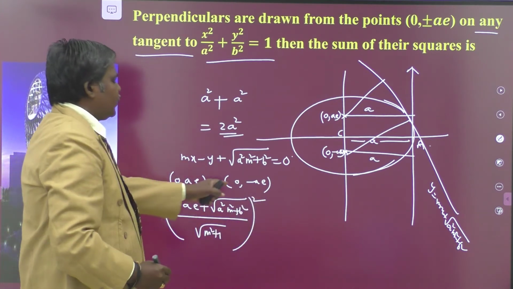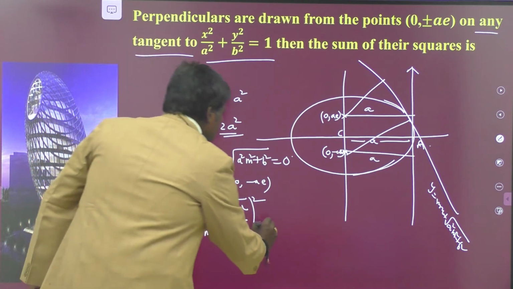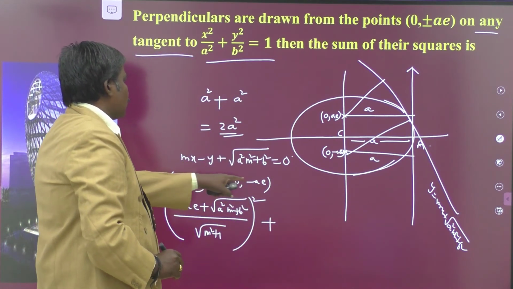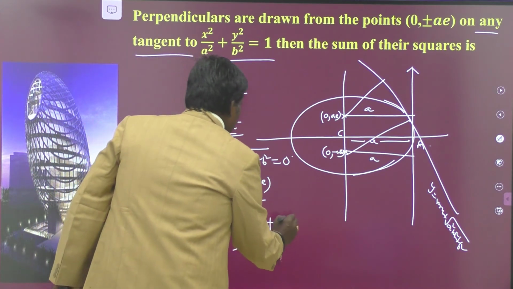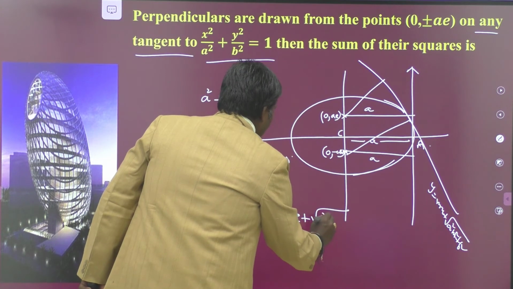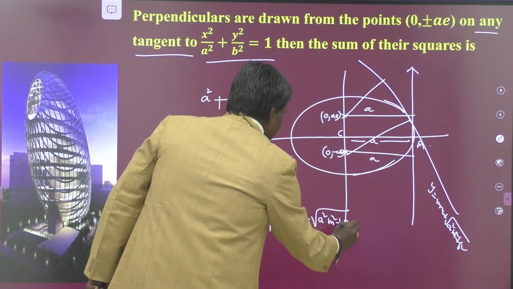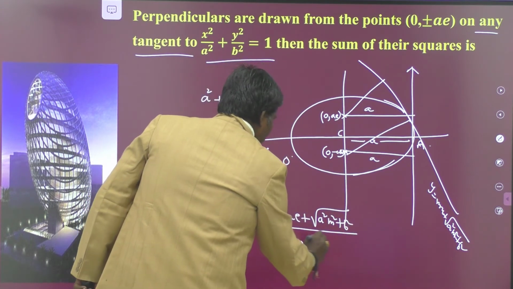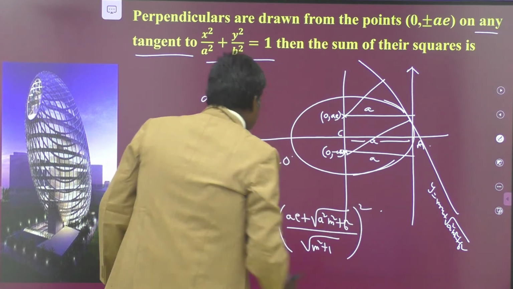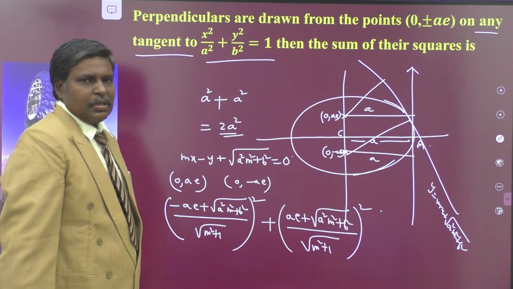This is the square of one perpendicular distance. Plus you have to write the perpendicular distance from this point also, minus into minus plus AE plus root of a square m square plus b square by root of m square plus 1, whole square. Am I correct or not?